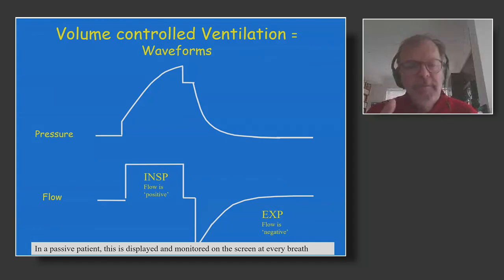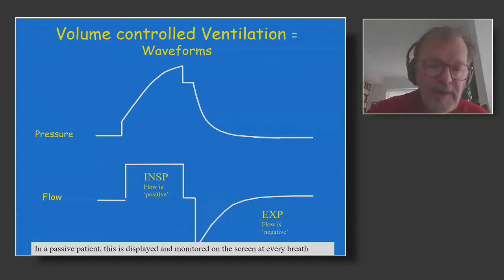which is expressed as either positive or negative, by convention. Usually on the ventilator, the positive flow is the inspiration or insufflation, which means the gas comes from the ventilator and goes into the patient. And the negative part is called expiration, when the flow and the volume come back from the patient into the ventilator.